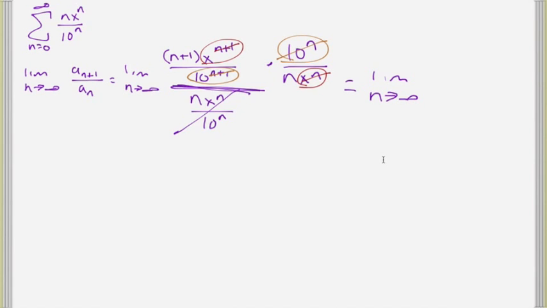So at this point, I'm left with (n plus 1) over n times x over 10. I think I know that if n is going to infinity, I get infinity over infinity, but if I did L'Hopital's rule on that, what would I get? 1 over 10.